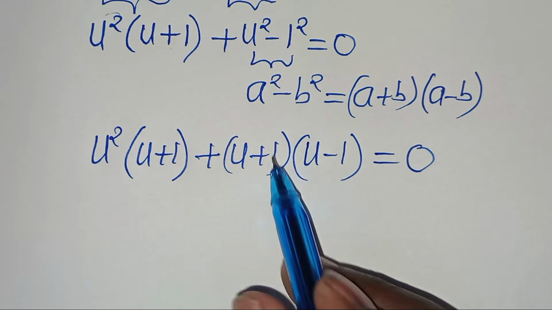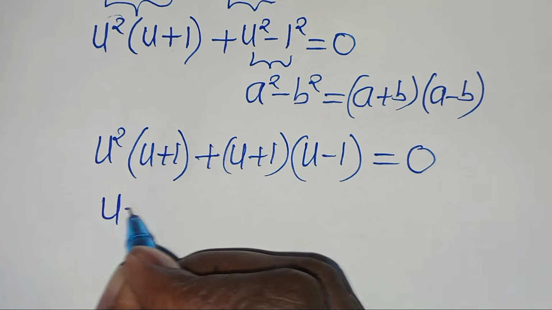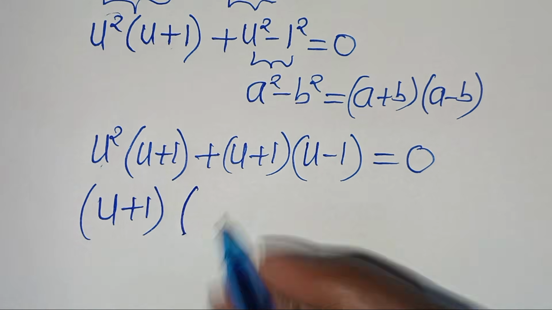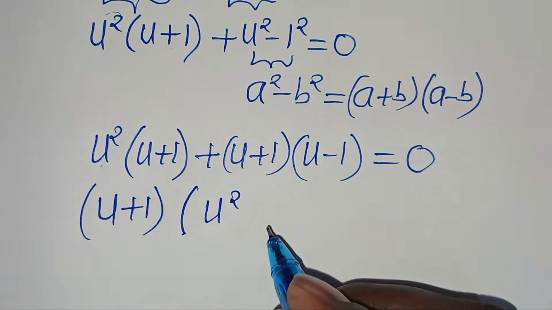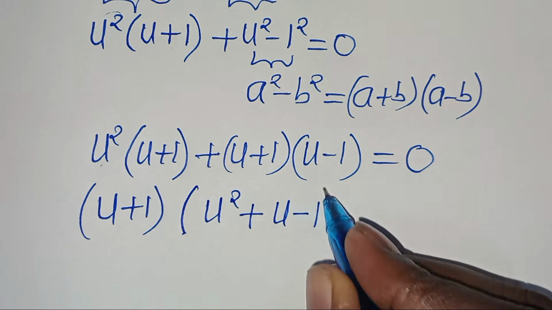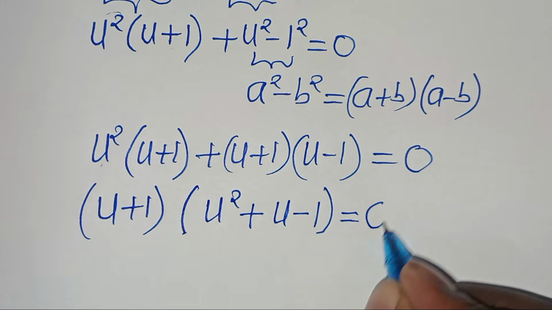U plus 1 is common, so let's factor out u plus 1 into the parentheses. Here we have u to the power of 2, then plus u subtract 1, close the parentheses, equal to 0.